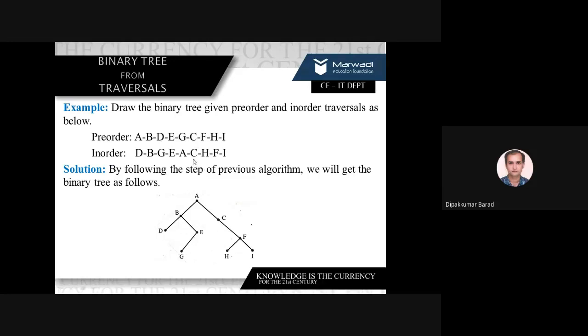Now from this in order, here we have H F I, and so from that again I have to find out this right child and left child. So F is in the middle, on F we have a left side H and right side I. So I get this H and I. So here in pre-order node, and then we have F H I, and for that we look at here. Okay, F is in the middle of H and I. So F is the node for that, and this is the left and right child here.